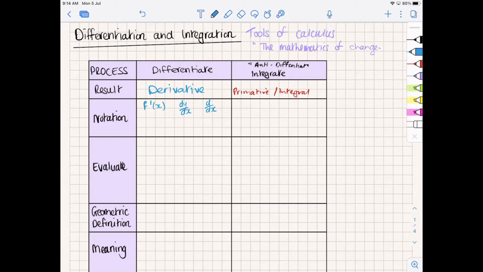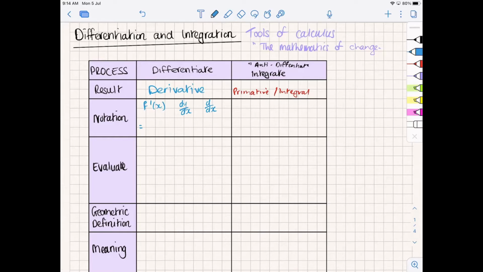Now, what does this all mean? Zara, can you remember back to the very first lesson I gave you on differentiation? What does f dash actually mean? It's shorthand for something very important, one of the most fundamental things about differentiation. What is it actually doing? It's the shorthand for the first principle. Who can remember what the first principle of calculus is?